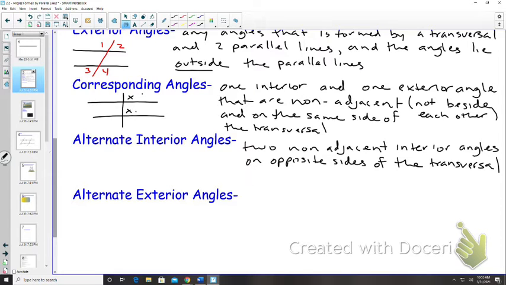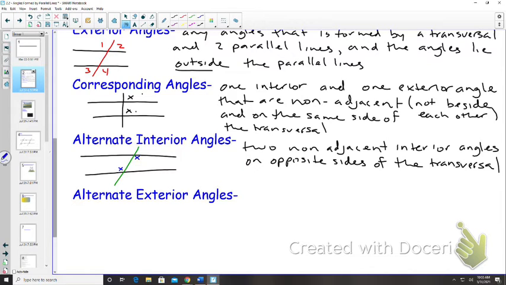Okay, so an example of that, there are parallel lines. Here's our transversal, and our alternate interior angles are going to be right here and right here. Okay, alternate interior angles are equal to one another.